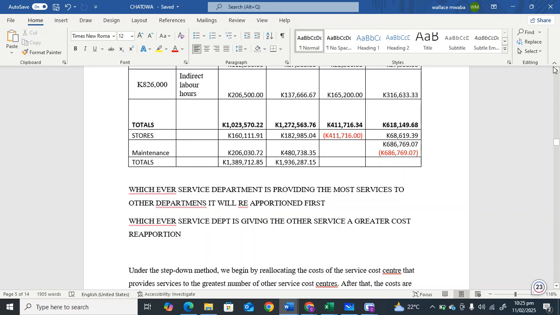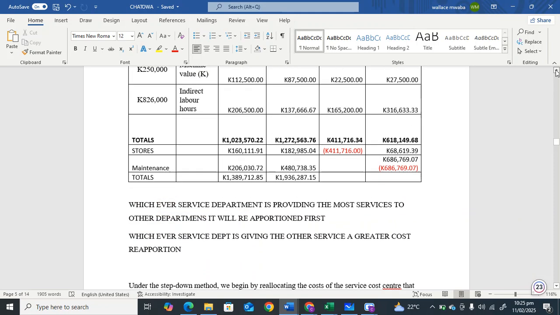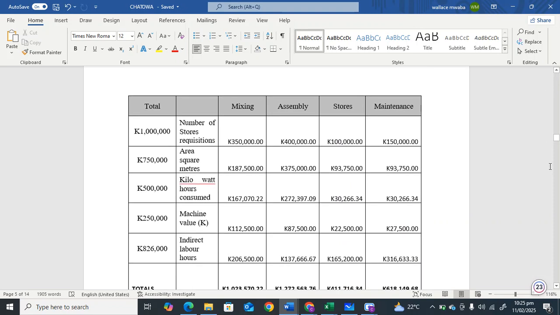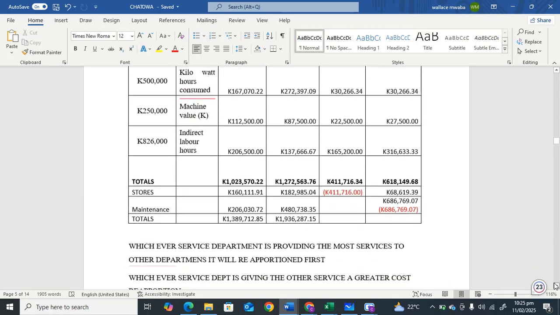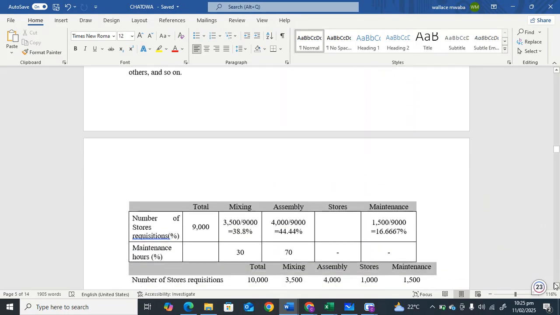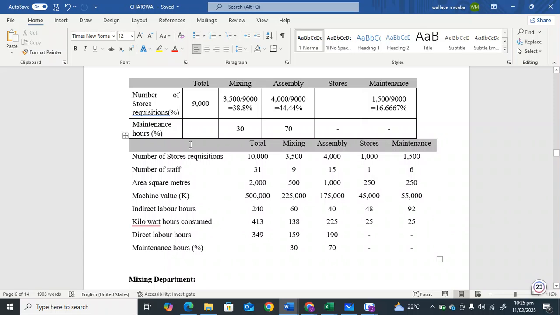So for this one, we're going to use the basis of whichever service department is providing the most services to the other department. We're going to be comparing stores and maintenance. So we're going to come to the additional information here, and we're going to see, for stores, what is the service that is providing to the other departments?